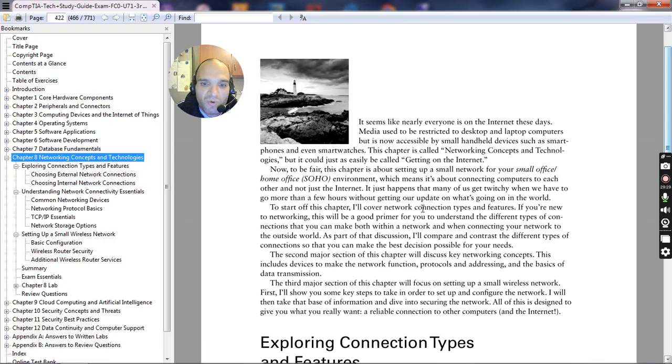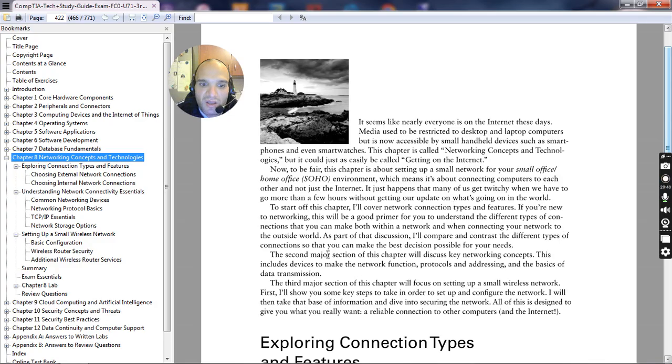So again, we will see network connection types and features: external network connections, internal network connections. Again, the book will cover network connection types and features.